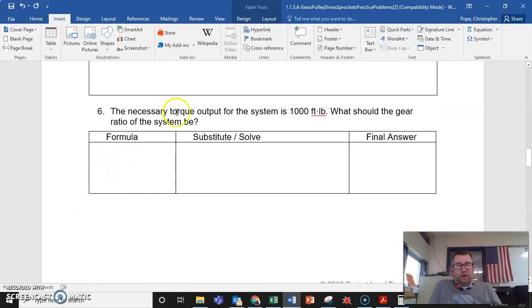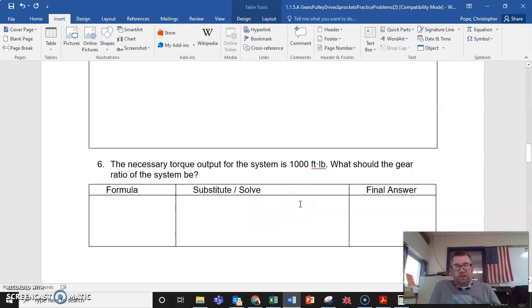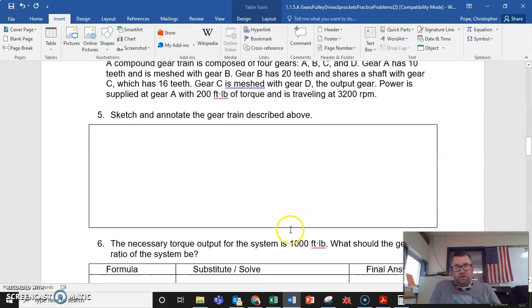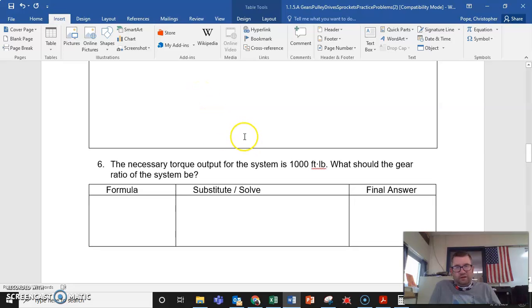For question 5, the necessary torque output for the entire system is 1,000 foot-pounds. So we're going to back that out once we determine what the gear ratio of the system should be. If I have 1,000 foot-pounds out, I have 200 foot-pounds in. That becomes an easy division to solve.